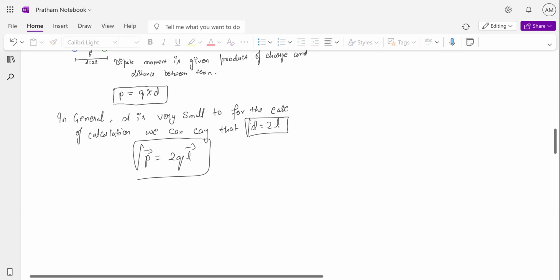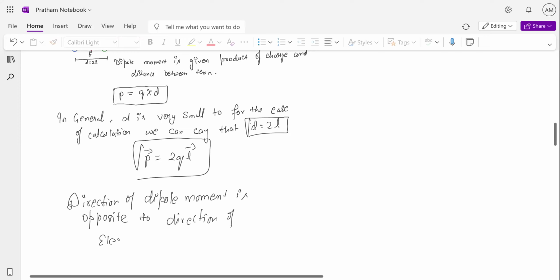Just notice one thing. The direction of dipole moment is opposite to the direction of electric field between the charges.